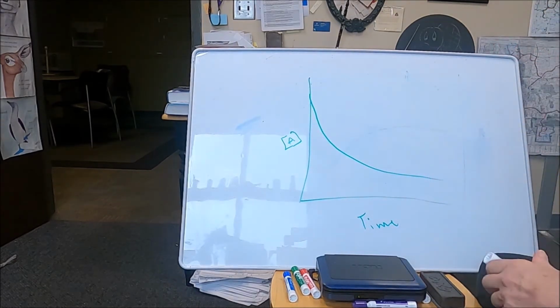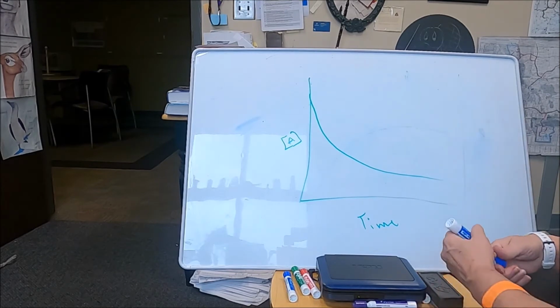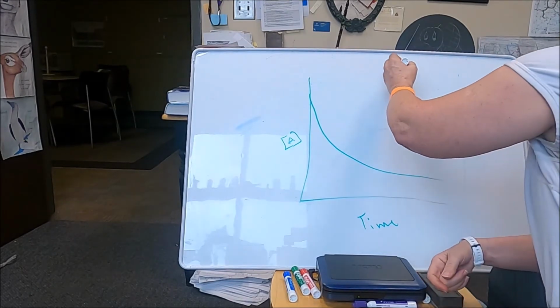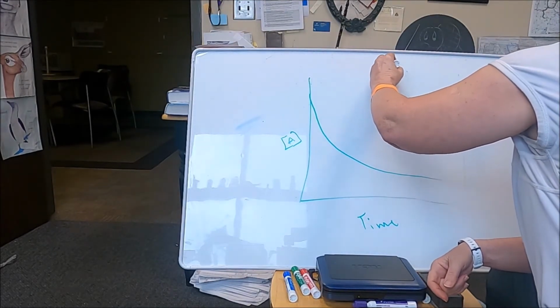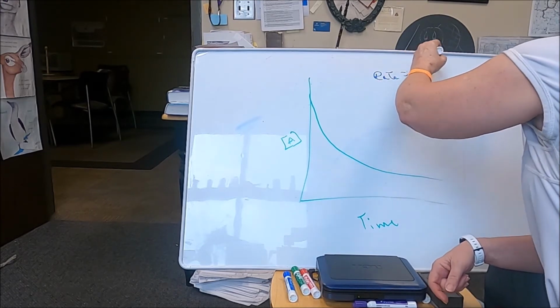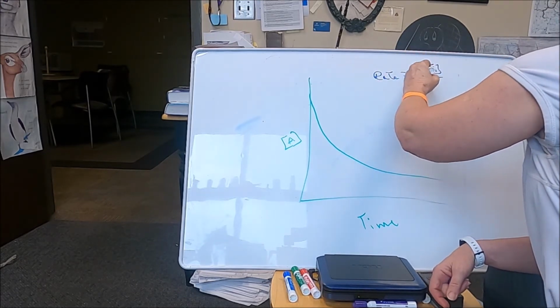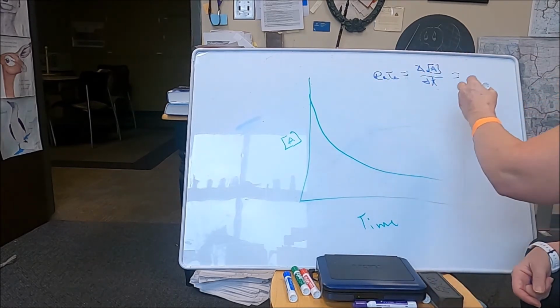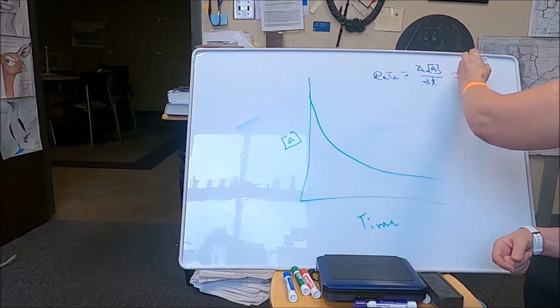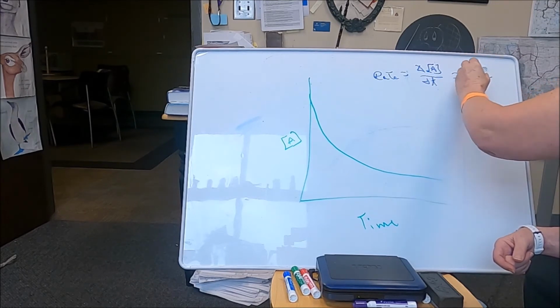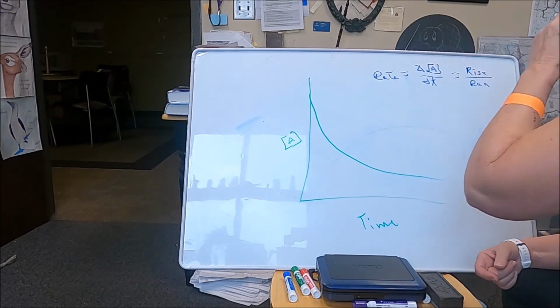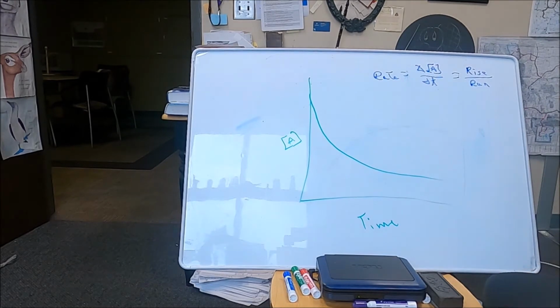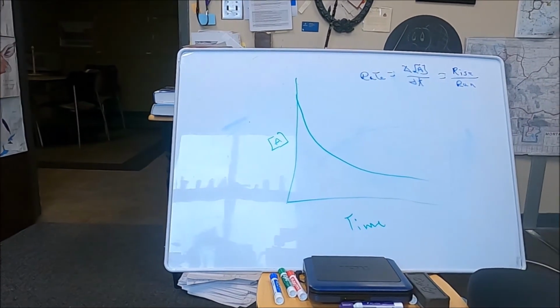We get this curve. Now, if we think about rate, delta A over delta T, rate on a graph like this is rise over run. Okay, rise over run.